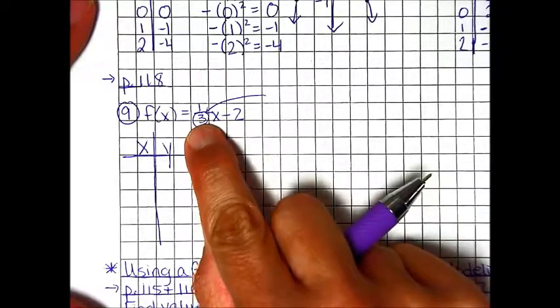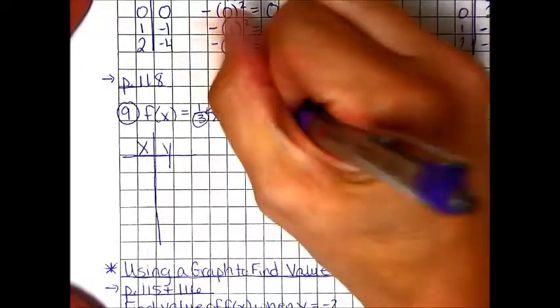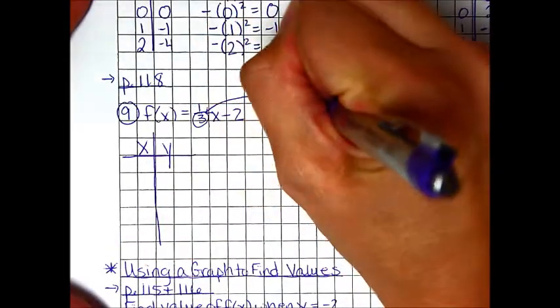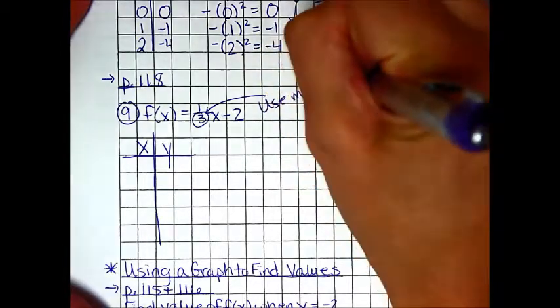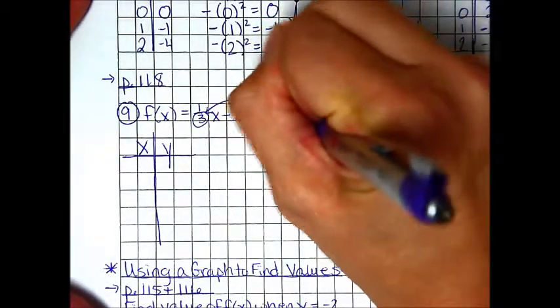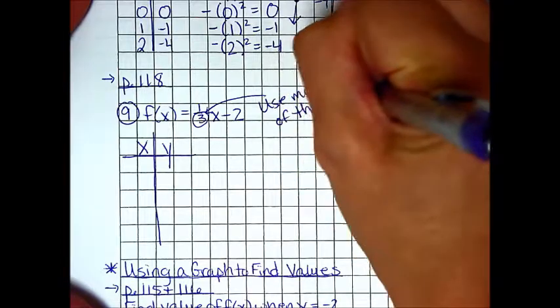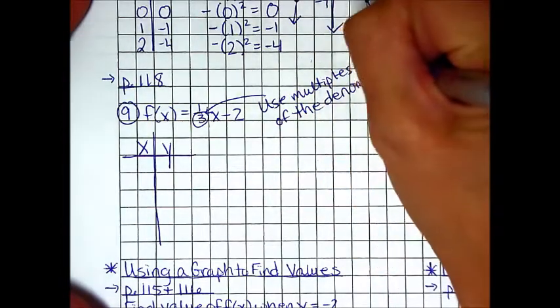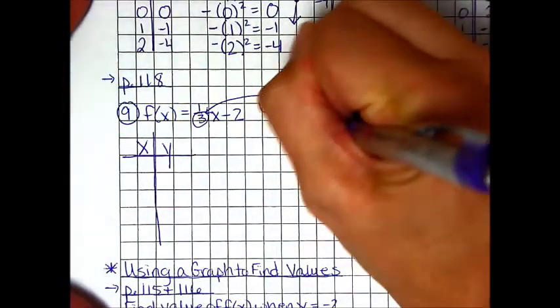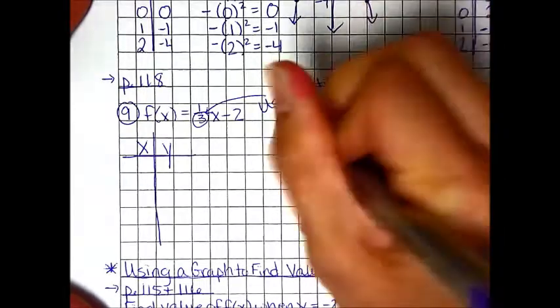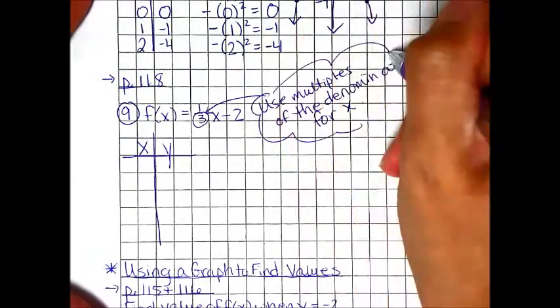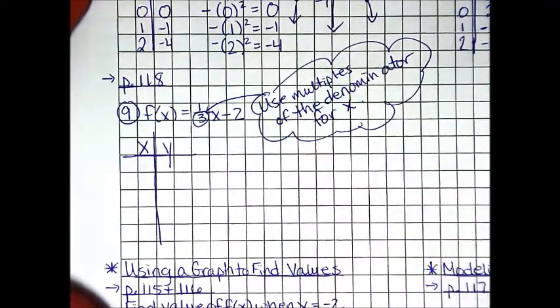Because this fraction has a denominator of 3, if I use multiples of the denominator for x, I am going to save myself a lot of trouble.